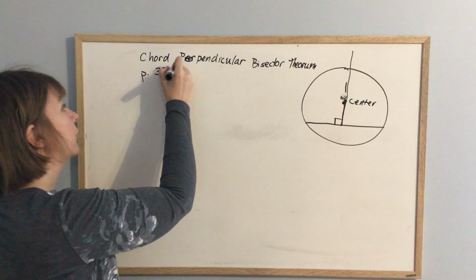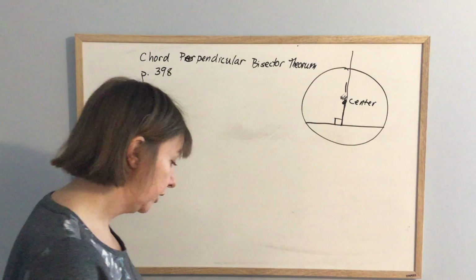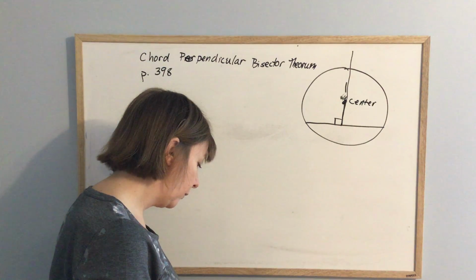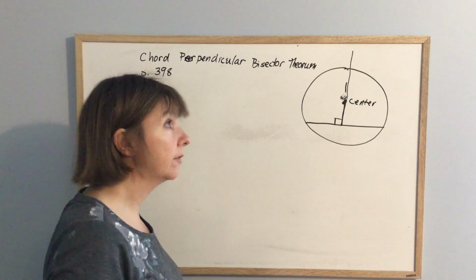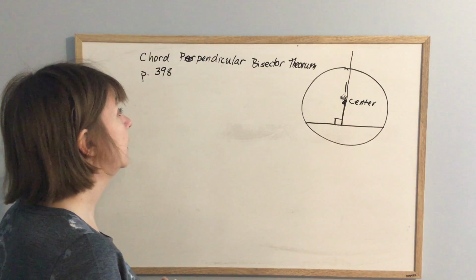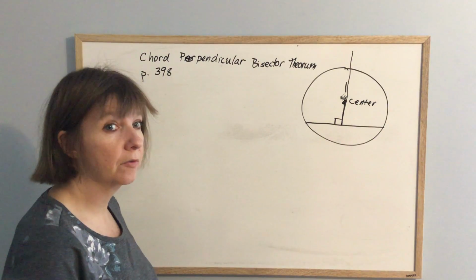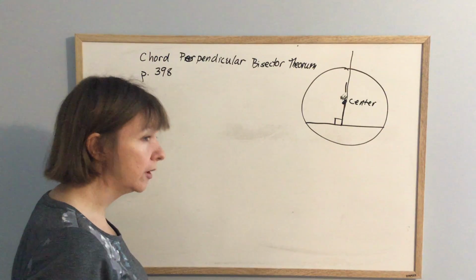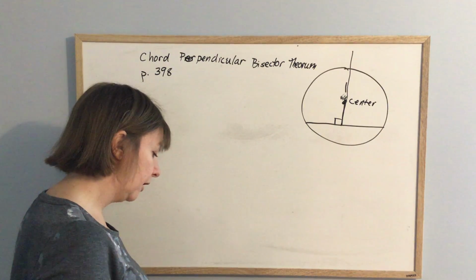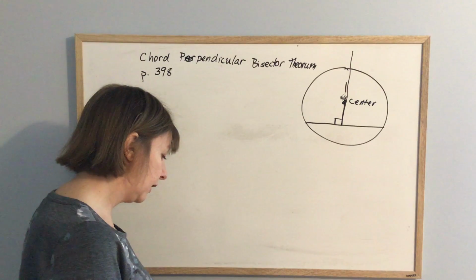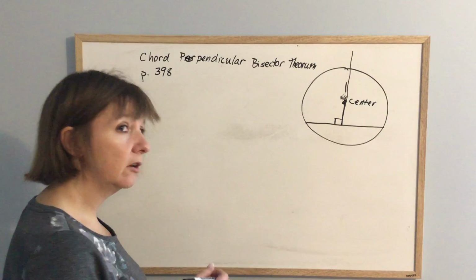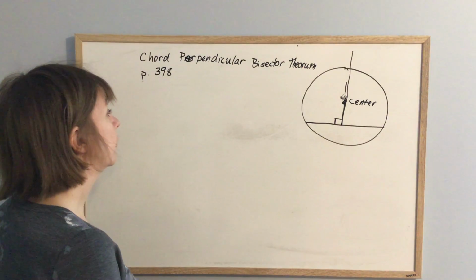It's summarized for you on page 398. There are 4 different things that they say about a perpendicular bisector. The 4th one is kind of dumb, it's sort of obvious. But the other 3: the first one is that the perpendicular bisector of a chord has to contain the center of a circle.